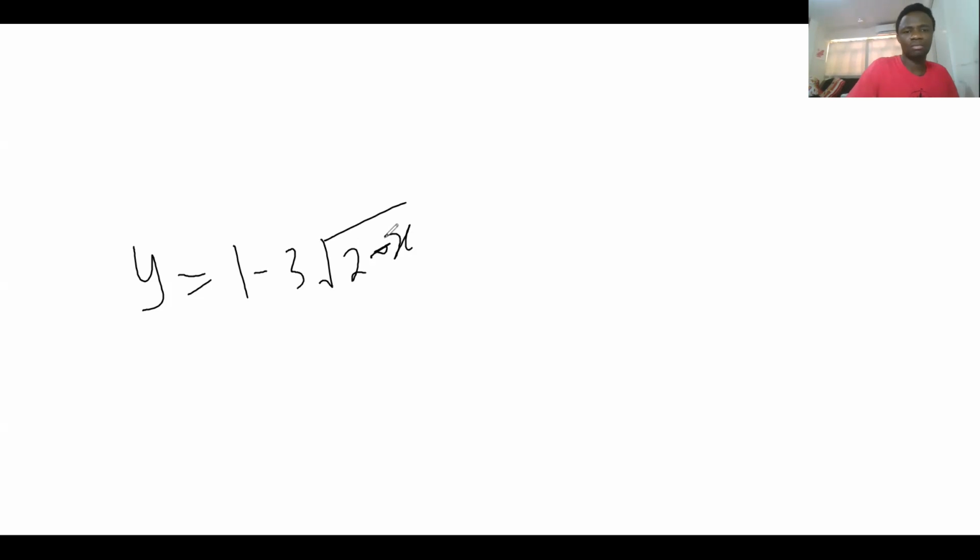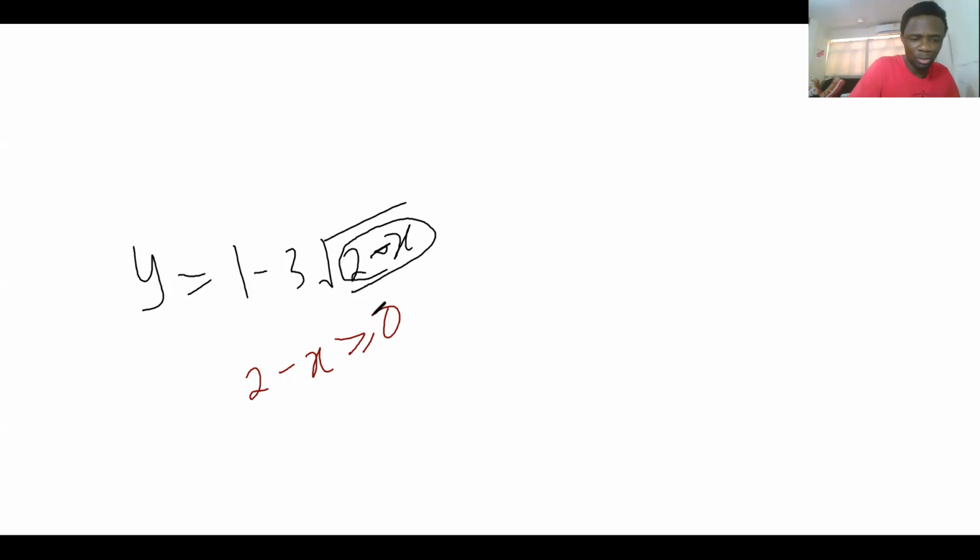The possible values are those that will make this defined in the set of real numbers, which means the terms under the square root must be greater than or equal to 0. So you solve a simple inequality: 2 minus x greater than or equal to 0, because it could be 0 or more than 0.